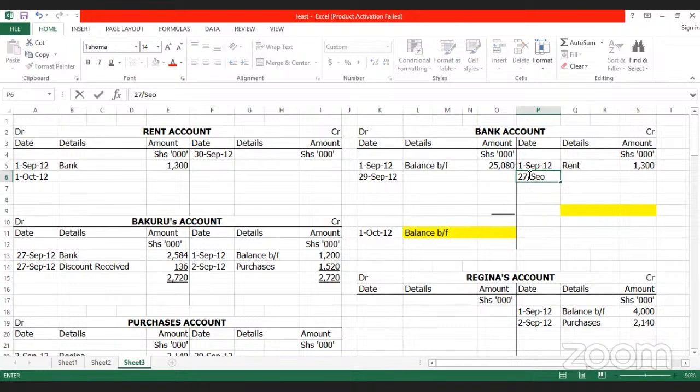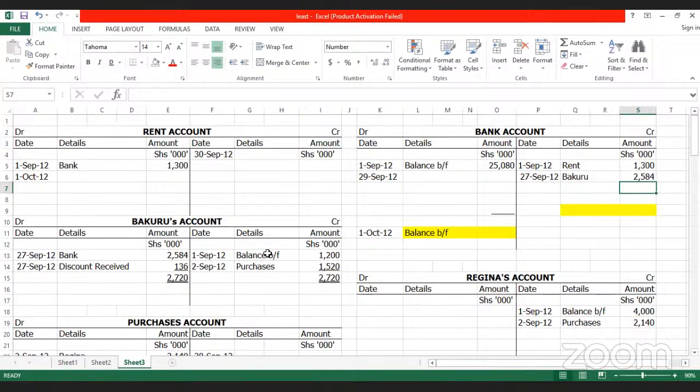This is Bakuru, who was paid 2,584,000. So I've created the bank entry.